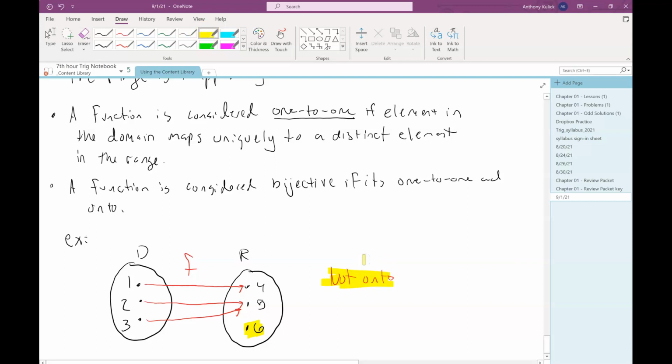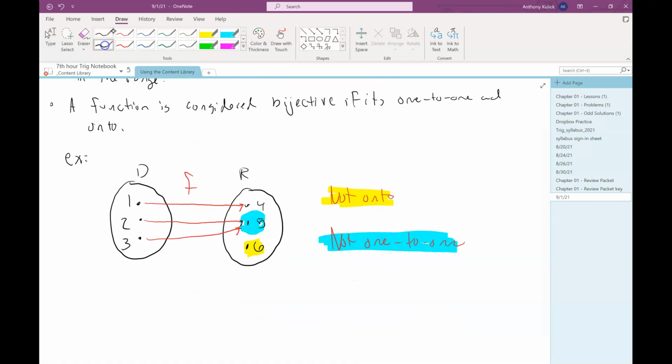Is that okay? Relatively easy. It's also not one-to-one because I have something in my range that 2x is paired to. Everybody's okay here?